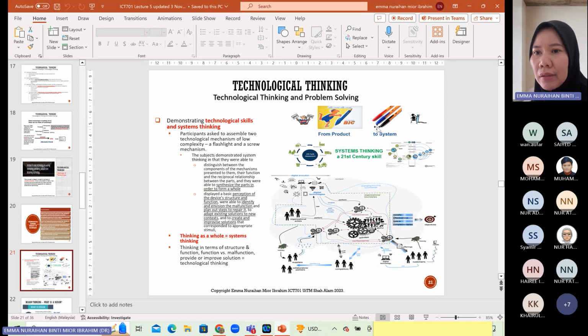So not just a pen, okay, but you are applying system thinking in a way that how you want to commercialize this pen, how the pen should be designed, design yang conventional ke, design macam mana ke, siapa, who is your customer segmentation. Contohnya. So system thinking looks into not just the product, but the ecosystem of the product.